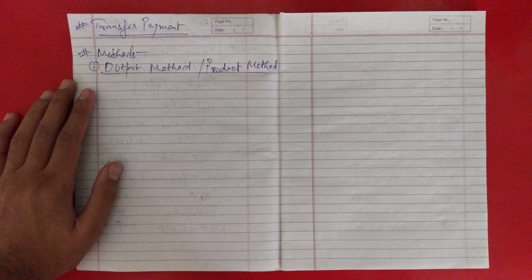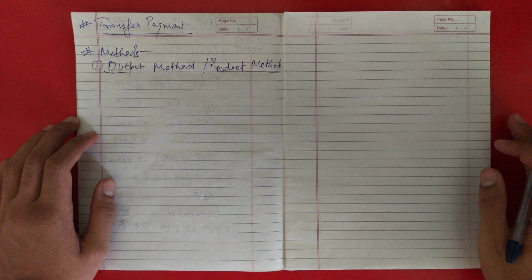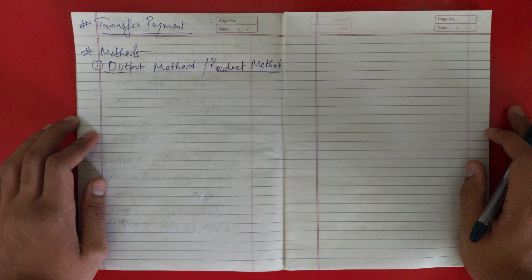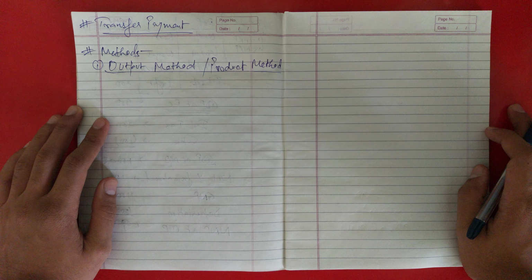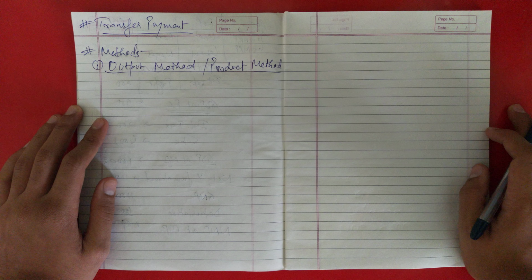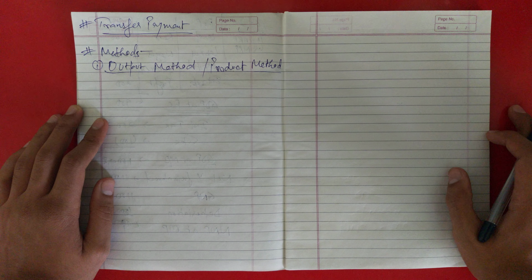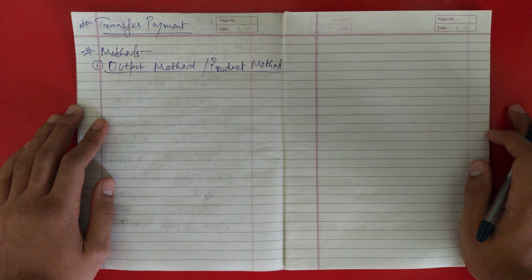So we calculate the money value of all the final goods and services produced in an economy during a year. The point to be noted here is what we consider as final goods. Final goods are those goods which are directly consumed and not used in a further production process.